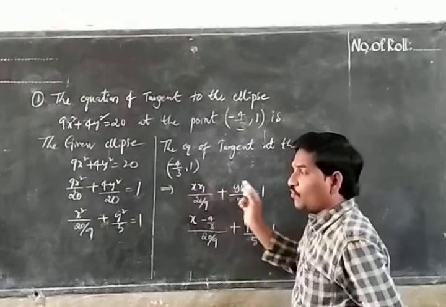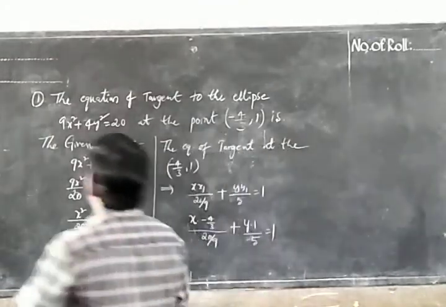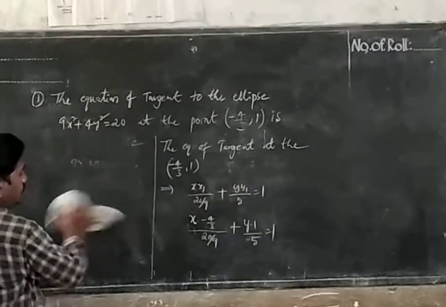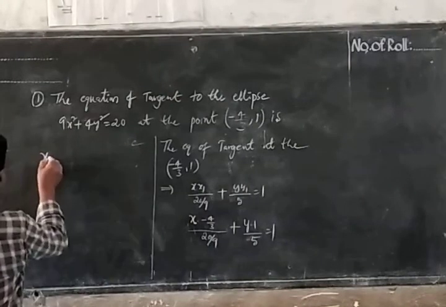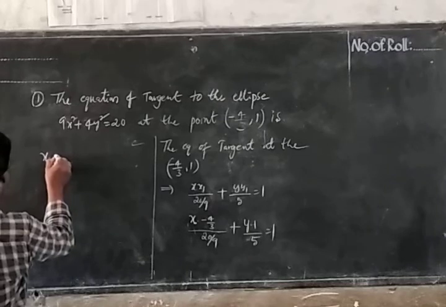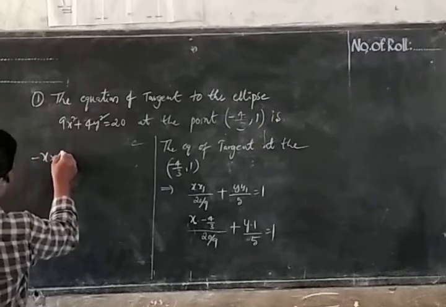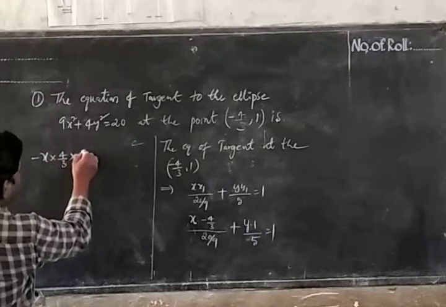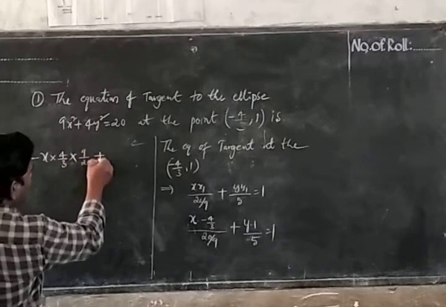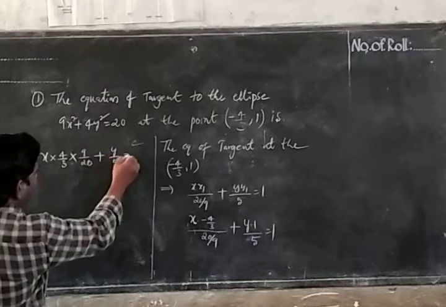Substitute x1 and y1 values. Now x into minus 4 by 3 into 9 by 20 plus y by 5 equal to 1.